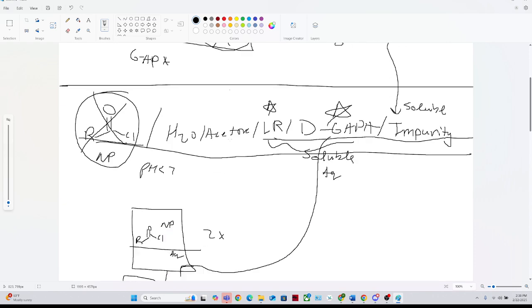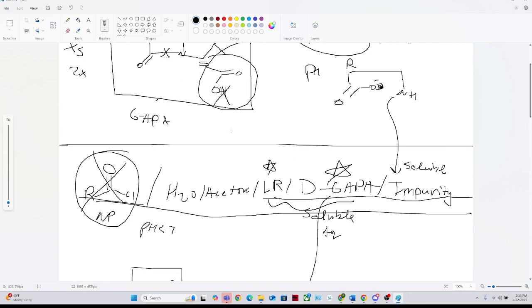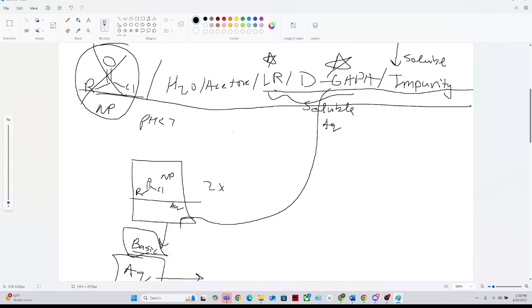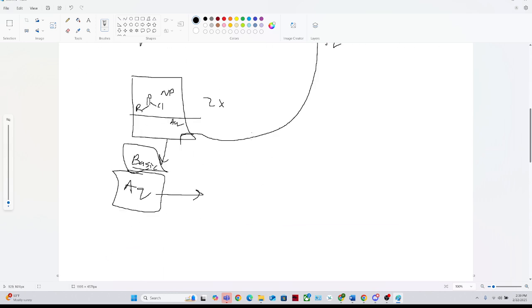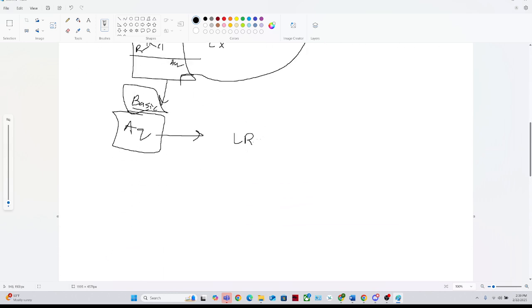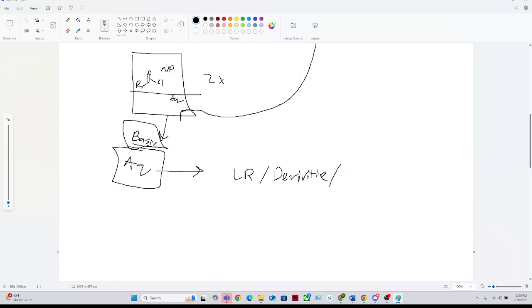When I acidify it, just a helpful recommendation, always write out what you have after the first workup procedure. What's remaining right now is my limiting reagent, just the 6-APA, the derivative, and the impurity, which is really just a carboxylic acid with an amine. Okay?